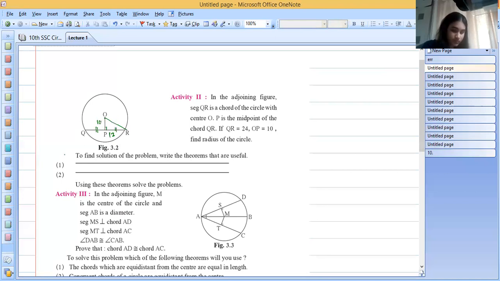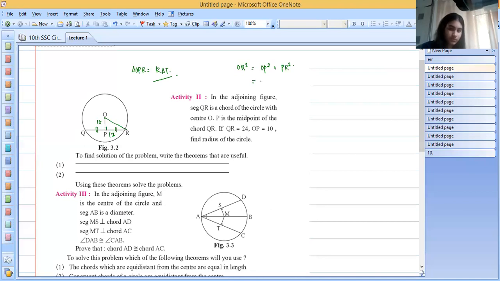So triangle OPR is what? Right angle triangle. So we apply the Pythagoras theorem. OR square is equal to OP square plus PR square.